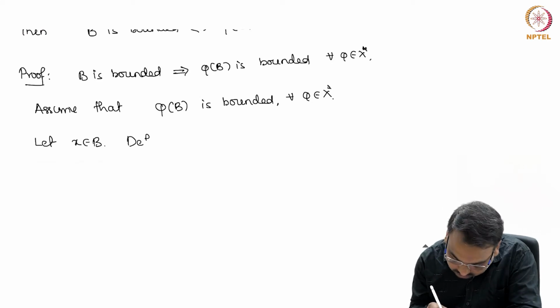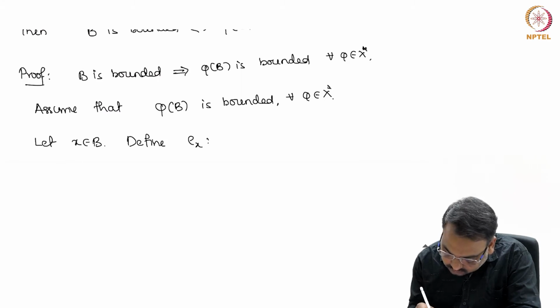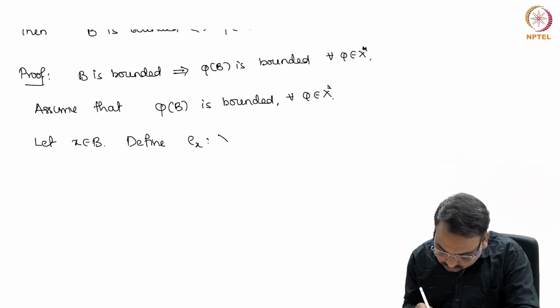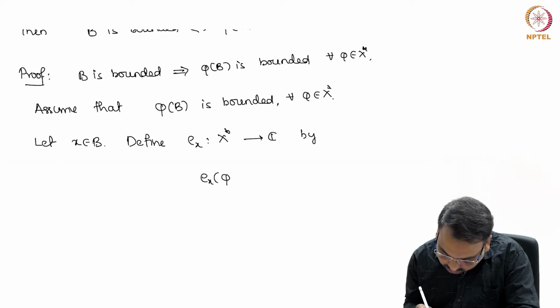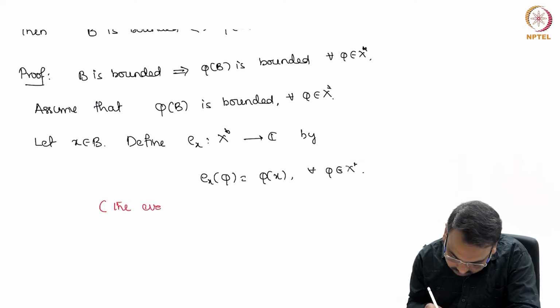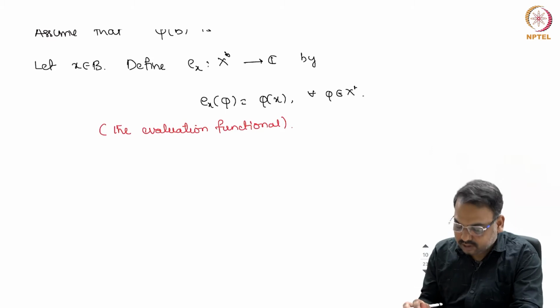So define a functional from X star into C by E_x of phi equal to phi of x, for every phi in X star. This functional is known as the evaluation functional. Now we want to show that E_x is bounded.